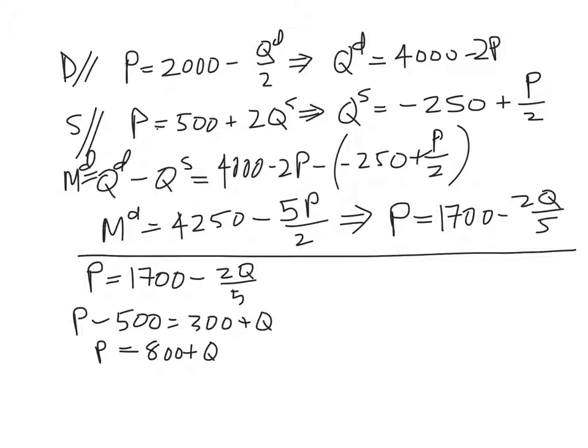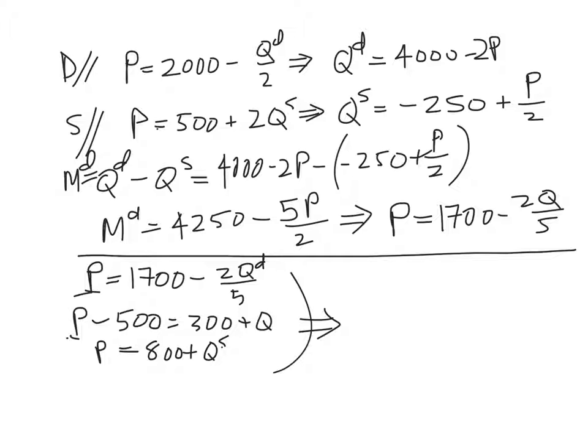Then I set quantity demanded and quantity supplied equal in equilibrium. It's just that there's a $500 wedge between what buyers pay and what sellers receive. So when you do the algebra here, it's easy to realize that this P and this P are the same in equilibrium.